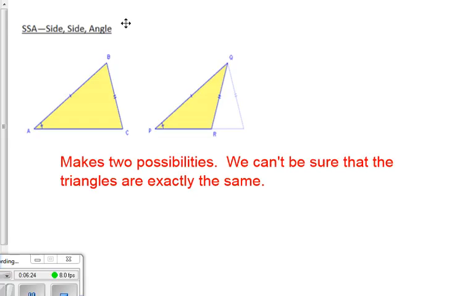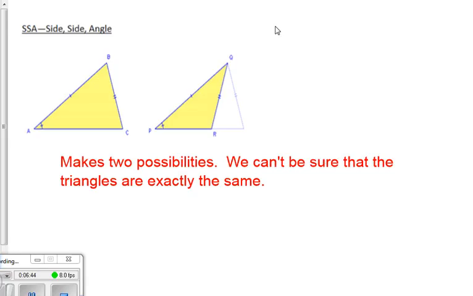Now remember, this does work if we know that it is a right triangle. If it's not a right triangle and we just know the side, side, and angle of one triangle being congruent to the side, side, and angle of another, we can't say that they are congruent, and here's why.